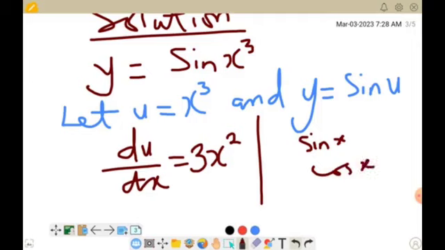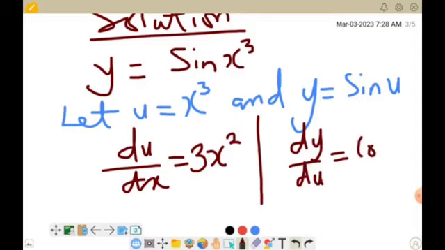That's according to the standard form of derivative. So we're going to import that here. If y equals sine u, then dy/du will be equal to cos u. Okay, let me write this u properly.